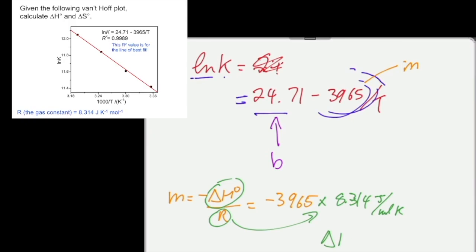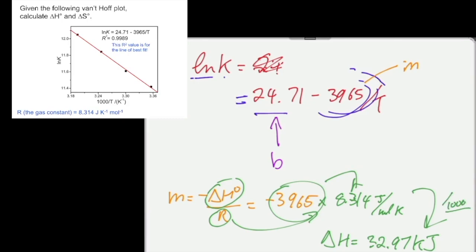My delta H is equal to 32.97 kilojoules. I've done a multiplication here: you take that, multiply it by 8.314, and that value is in joules. To convert it to kilojoules, you divide it by 1,000. So this is our delta H value, and yes, it's an endothermic quantity. We knew that based on the sign of the slope.